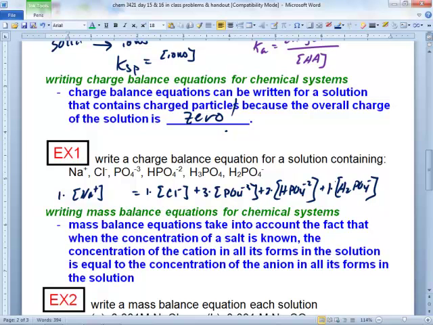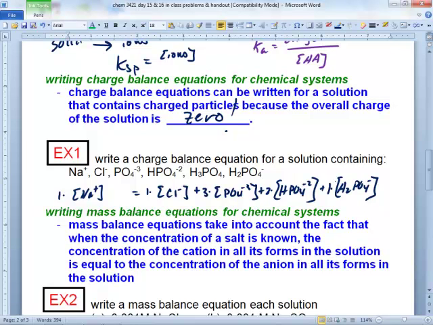You bring all these over to the same side, right? So you'd have a positive 1 times Na+, a negative 1 times Cl-, a negative 3 times PO4 3-. If you bring it all over to the other side, it would look like this. So I kind of skipped a step in the algebra, because all the charges have to add up to be 0.